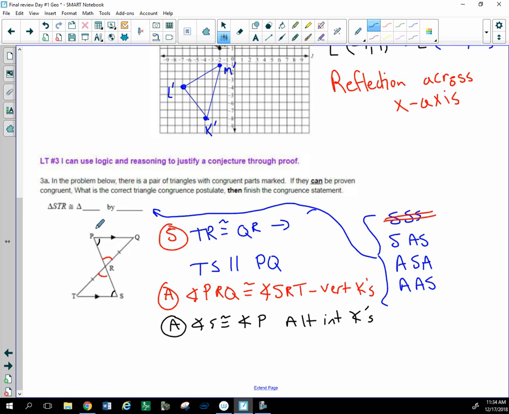Okay, so that would mean that the triangle STR would be congruent to PQR. And if I did it this way, it would be angle, angle, side.